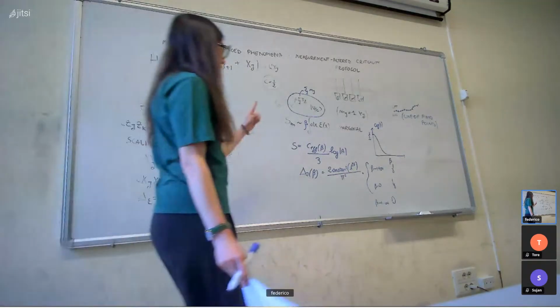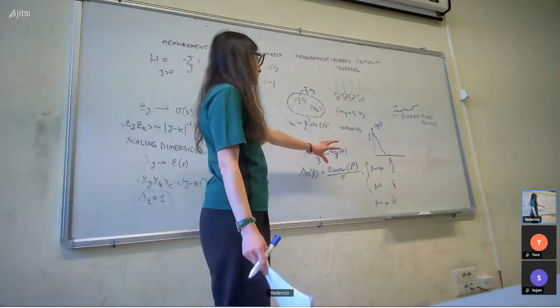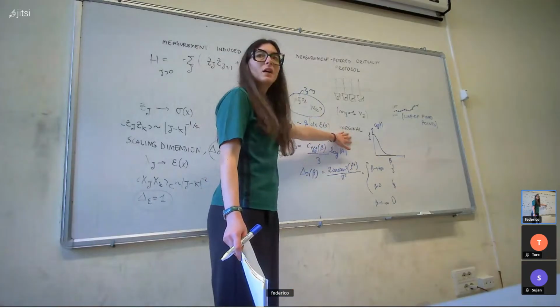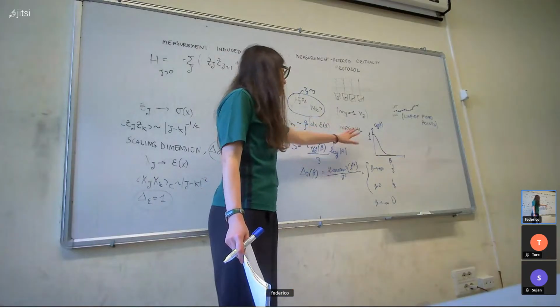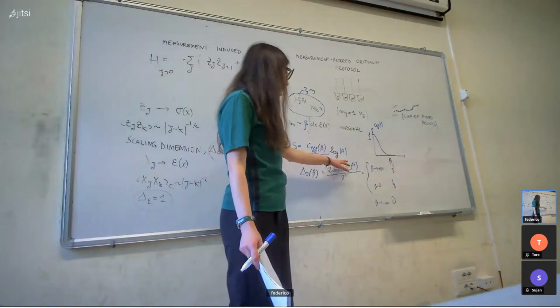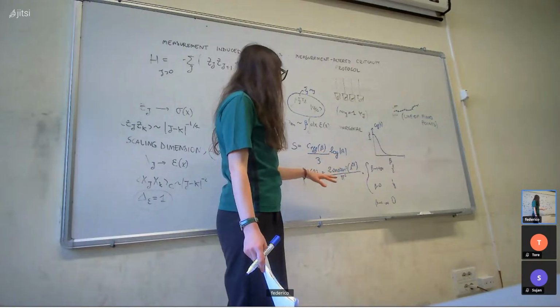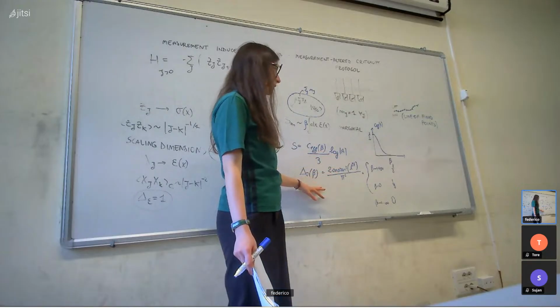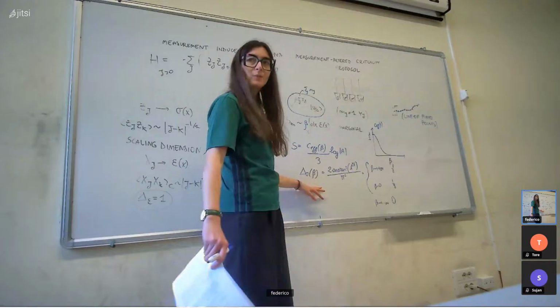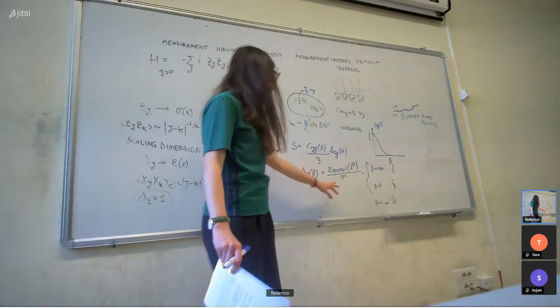Okay, so now, just to summarize, a marginal perturbation means logarithmic growth of the entanglement, just with a different factor, and algebraic correlation functions, just with a different dimension.